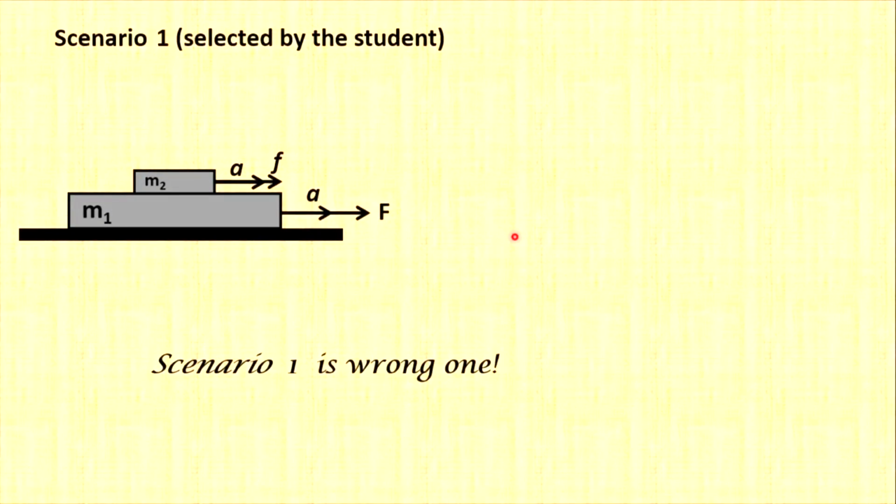So we can conclude that the mistake of the student was that he selected the wrong scenario. Now we consider another scenario, scenario 2, and assume that blocks M1 and M2 move with different accelerations.